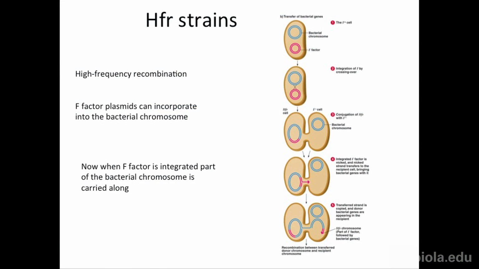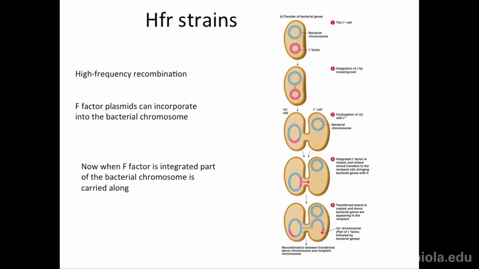The interesting part comes in these strains that are called HFR strains. HFR stands for high frequency of recombination. And what happens in these is this F factor that exists in this bacterial cell actually recombines with the genome, and it inserts itself into the genome.